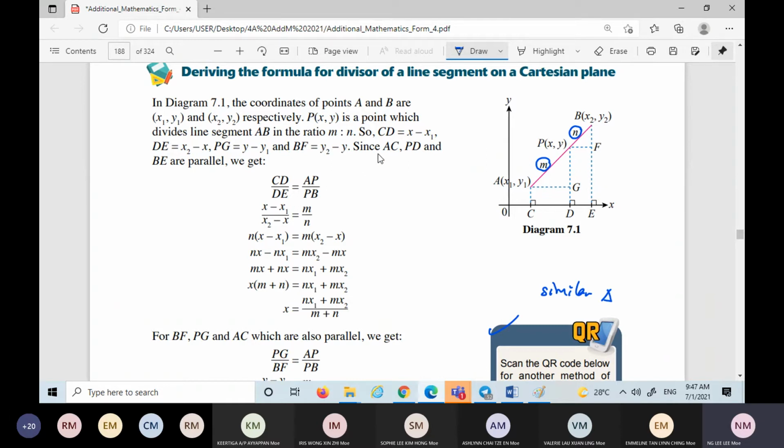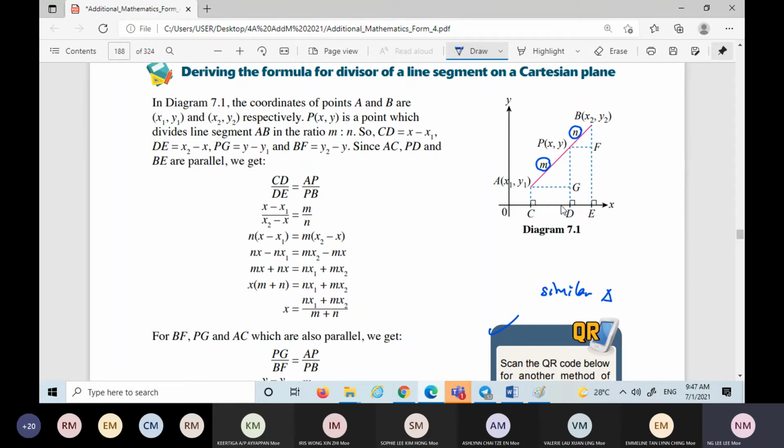Then they say, since AC, PD, and BE are parallel, CD over DE is equal to AP over PB.